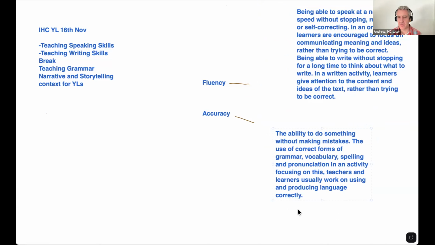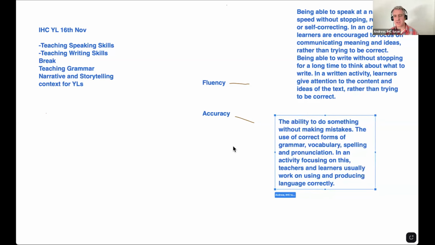It's the use of correct forms of grammar, vocabulary, spelling, and pronunciation. In an activity focusing on this, teachers and learners usually work on using and producing language correctly. So the key word is correctness, isn't it? Or precision. Right.